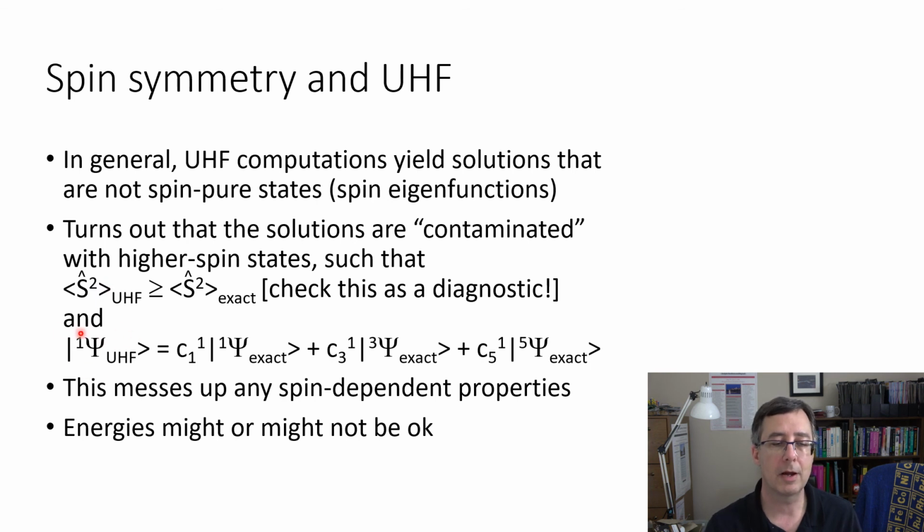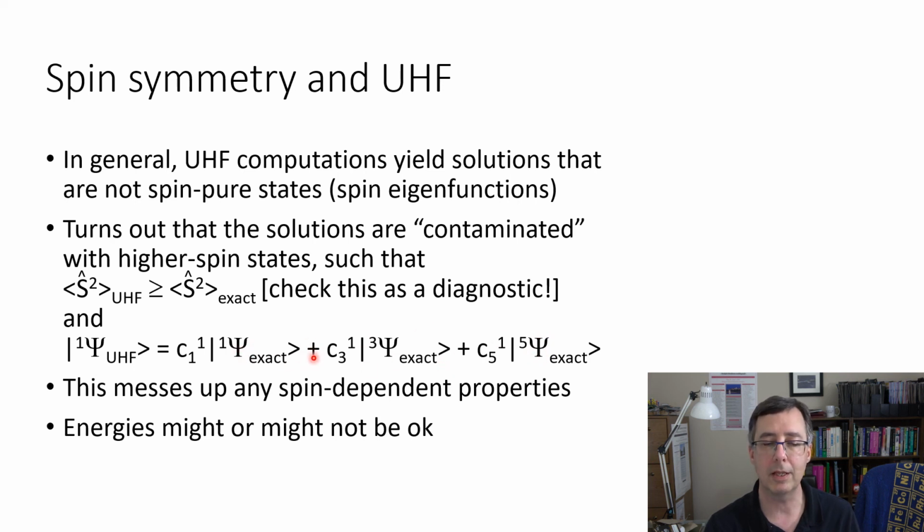So for example, if I was trying to go for some kind of singlet state using UHF, then I would get some coefficient times a pure singlet state plus some coefficient times a pure triplet state plus a coefficient times a pure quintet state. So I'm mixing in higher multiplicities, and they kind of hop in this pattern.